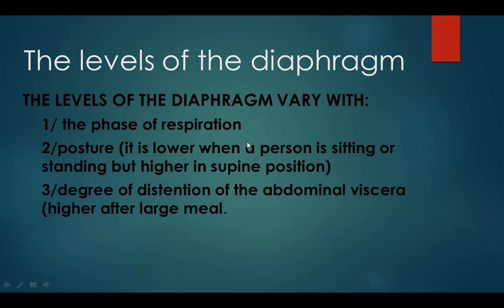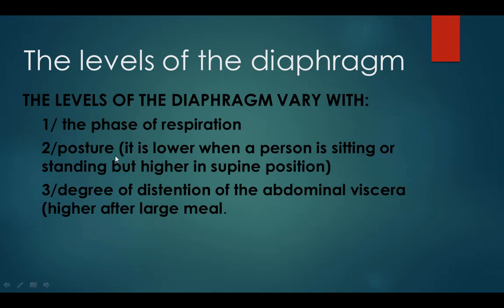The level of the diaphragm varies with the phase of respiration, the posture, and the degree of distension of the abdominal viscera. So the diaphragm moves with respiration, and this is why the level changes.